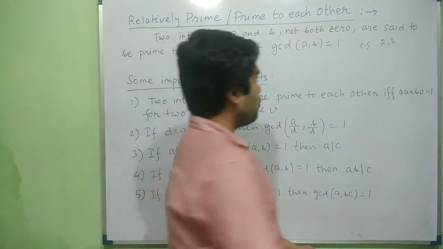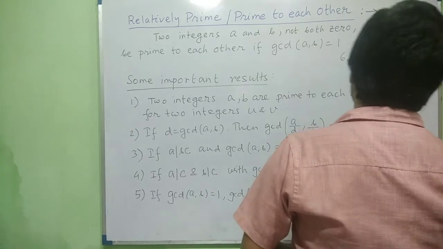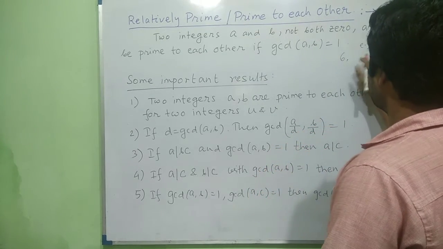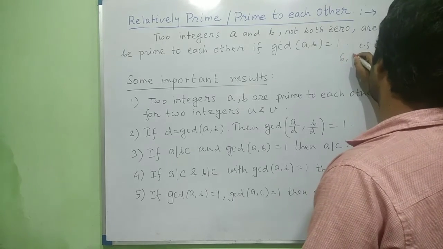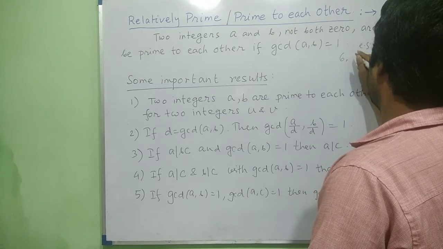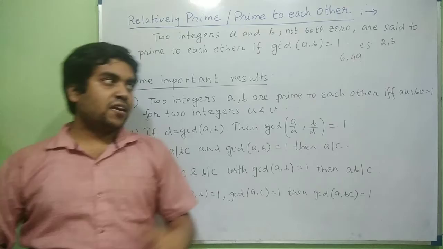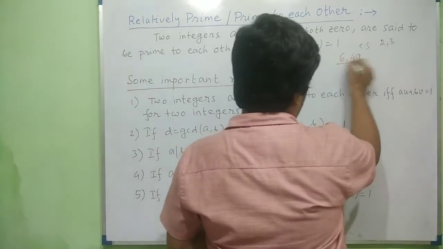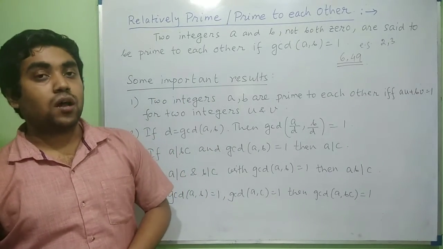Suppose we consider two integers, one is 6 and another is 49. Here 6 and 49 both are composite numbers, but 6 and 49 don't have any common divisor except 1.